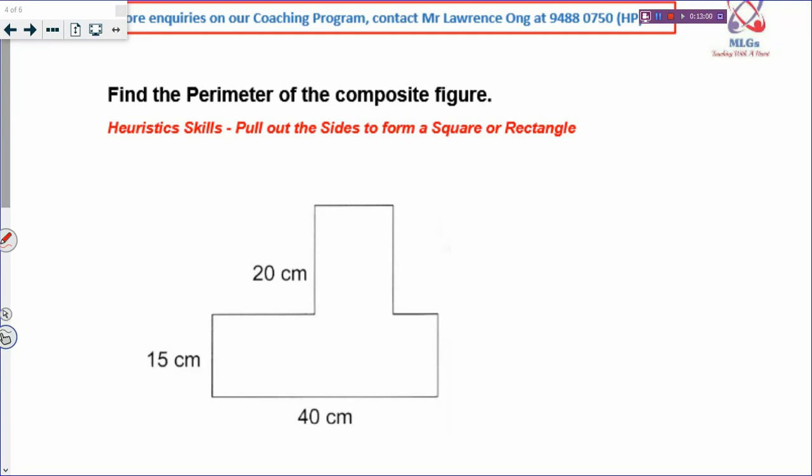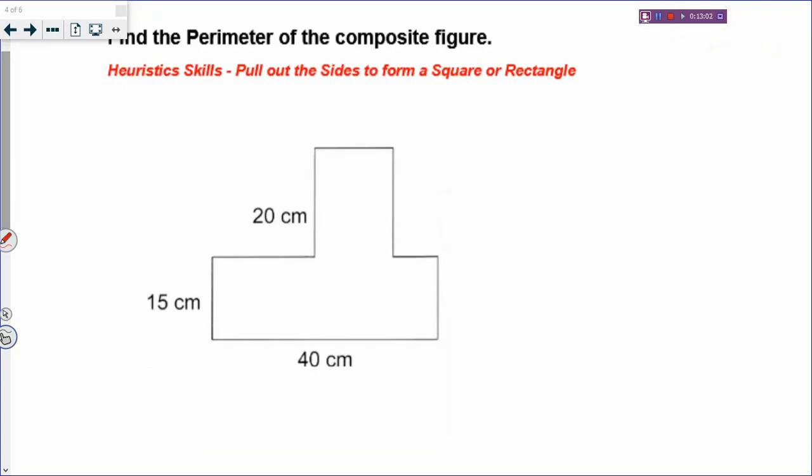Okay, you have to think of your methods, your skills and your methods. So how do we find the perimeter of this composite figure? You are going to pull out the sides to form a square or rectangle. For example, okay, let's go through this. For example, this is 15, right? So nothing happens on this side. But if you look at this 20 cm, you pull to the left, it will come over here.